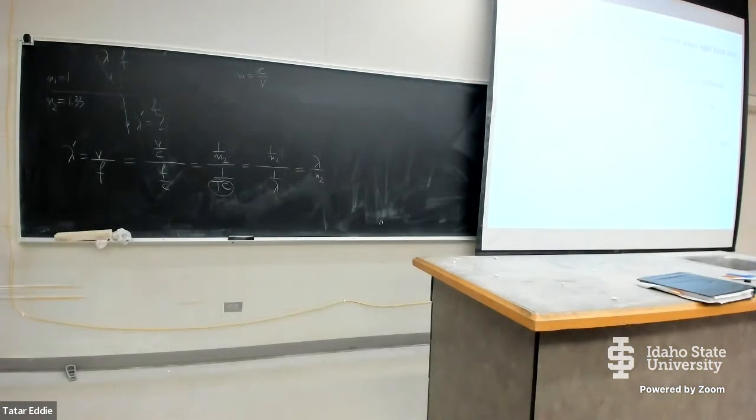So here are two light sources, and both of them are lasers. Therefore, this is coherent, this is coherent. And if I try to put them on the same spot, believe me, you're not going to see an interference pattern.